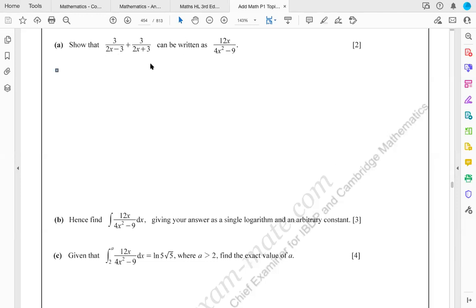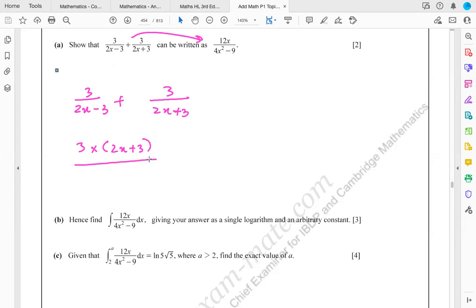So let's just take a look at this example. Here, you should show that this simplifies to this. So 3 over 2x minus 3 plus 3 over 2x plus 3. If you take the LCM of this, you get 3 times 2x plus 3, plus 3 times 2x minus 3, over 2x minus 3 times 2x plus 3.